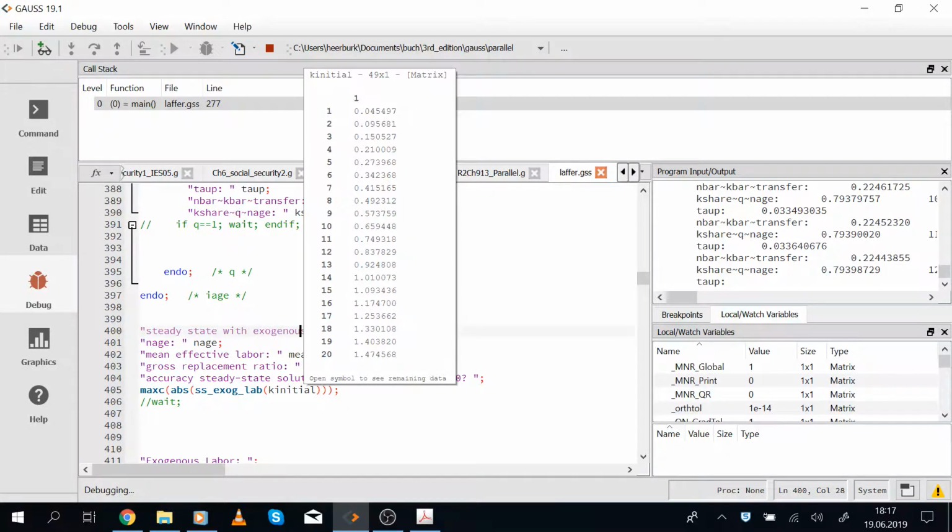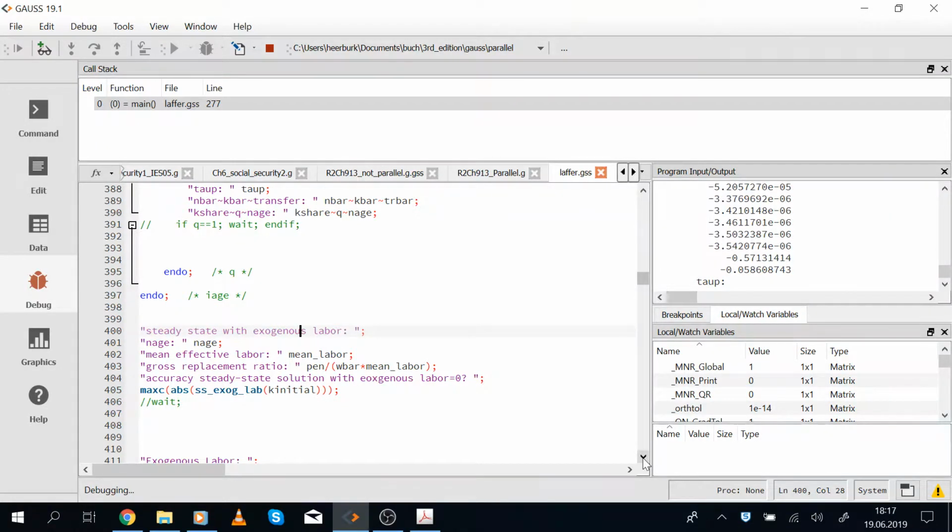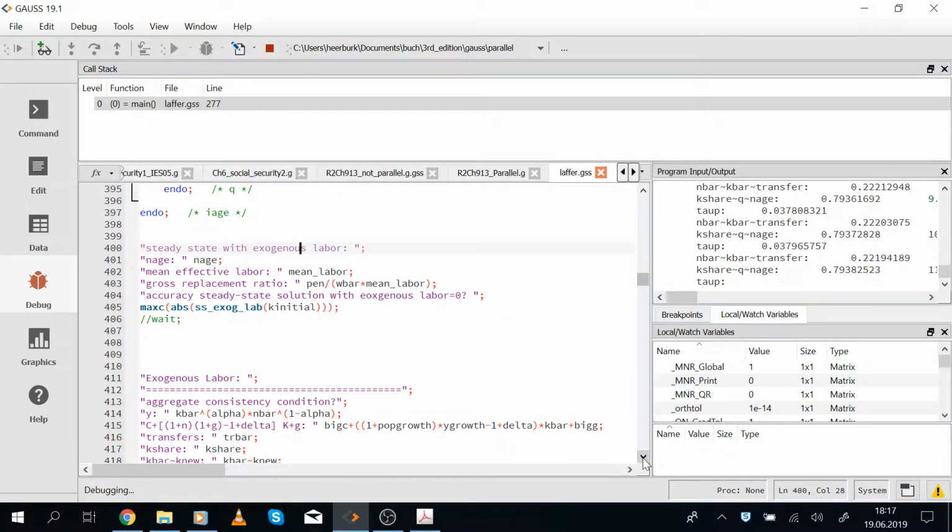So 69 entries of zeros for our 69 endogenous variables K, the steady state assets of the cohorts, for our 69 Euler equations. And this completes our computation of the case with exogenous labor.